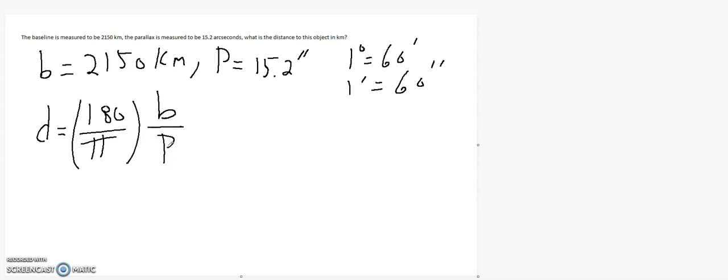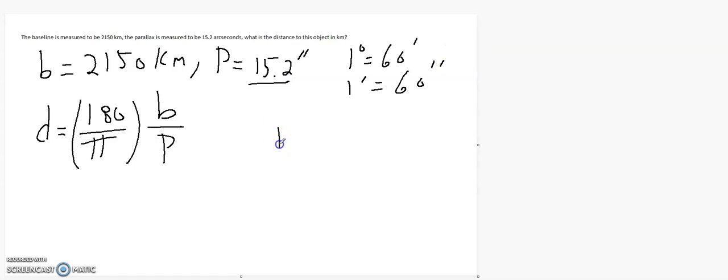Whatever the units of the baseline are, that's also what the units of the distance are going to be. And the parallax has to be in degrees. So really all we have to do is convert this from arc seconds to degrees, which is pretty trivial. That's a small number of degrees, right?